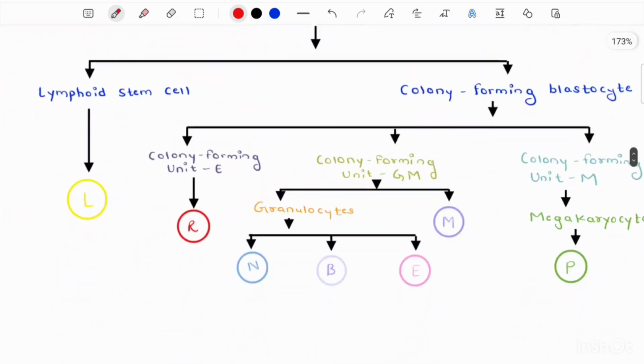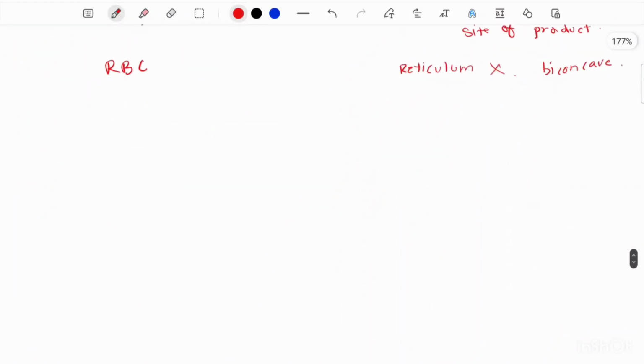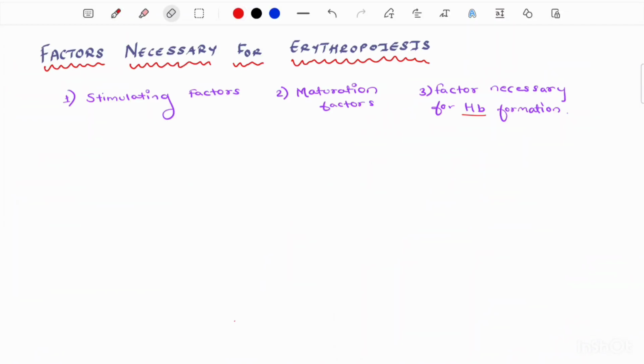Now we'll discuss factors necessary for erythropoiesis. We discuss these factors under three different headings. The first is stimulating factors, second is maturational factors, and third, factors necessary for hemoglobin formation.